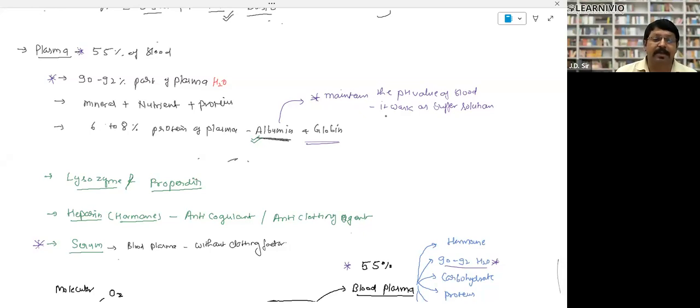Out of this 55%, 90 to 95% of plasma is made up of water. What is the rest? That is mineral, nutrient, and protein. 6 to 8% protein is found in the plasma.